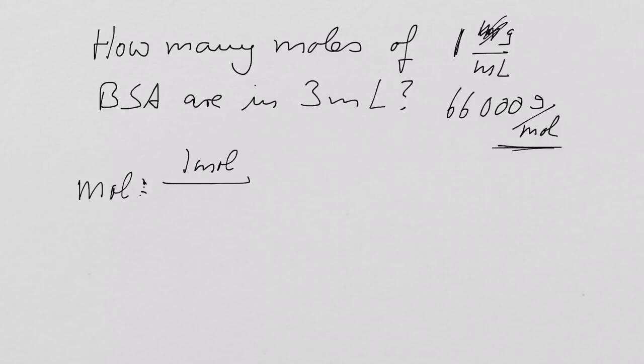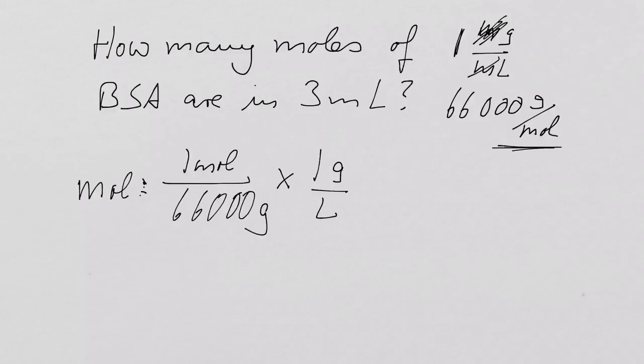What's downstairs? 66,000 gram. Do I have grams anywhere? Yeah? I can write this again as my 1 gram per liter by just simply cancelling out the m's. Let's do it that way.